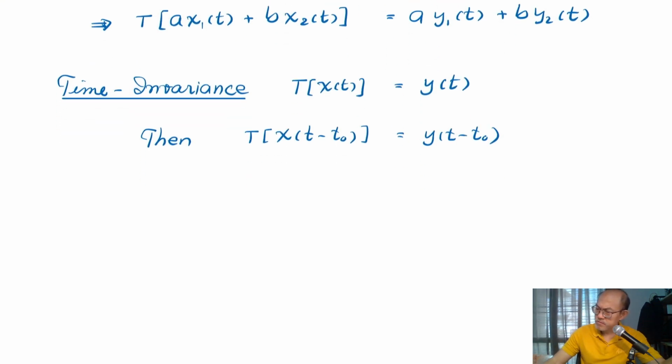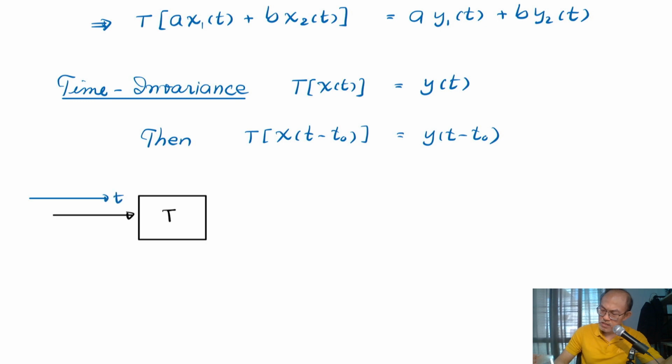So for example, if we have the system T, and we are inputting a unit step signal to the system T, and suppose that the response from the system T is an exponential signal.